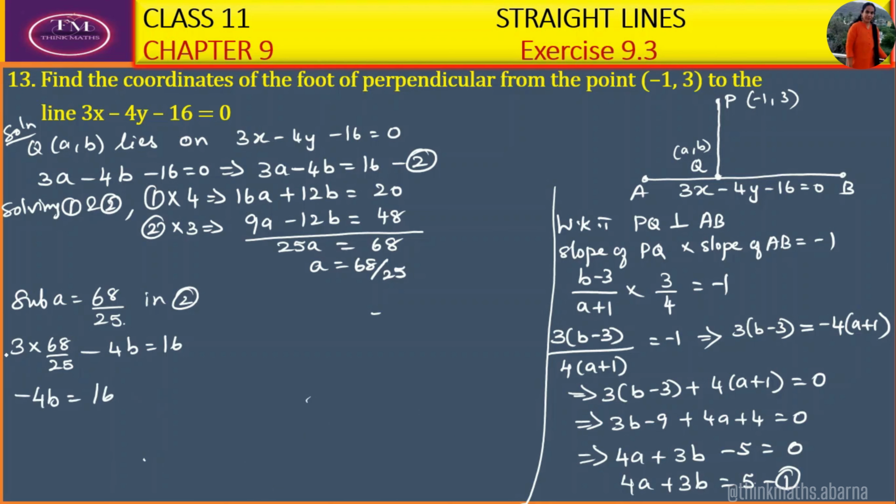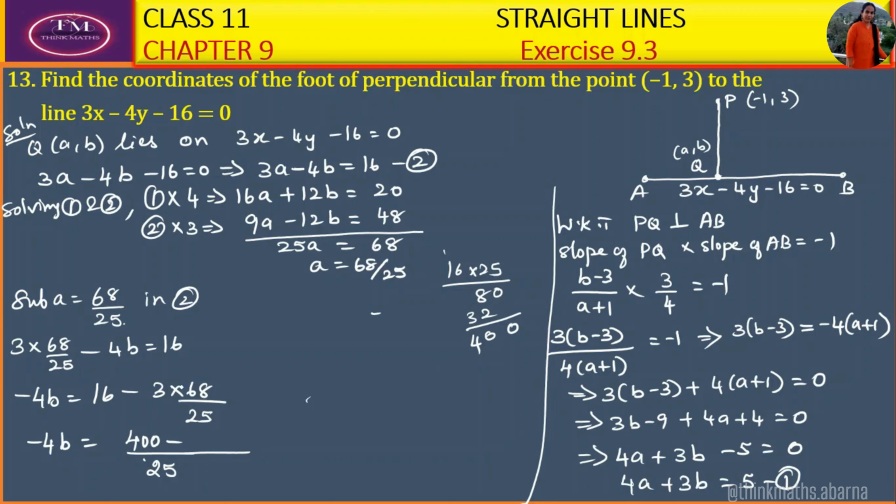It is 16 minus 3 into 68 by 25. Now minus 4b will be equal to, taking the LCM as 25, what is 16 into 25? It is 400. 16 into 25 is 400, minus 3 into 68, which is 204.